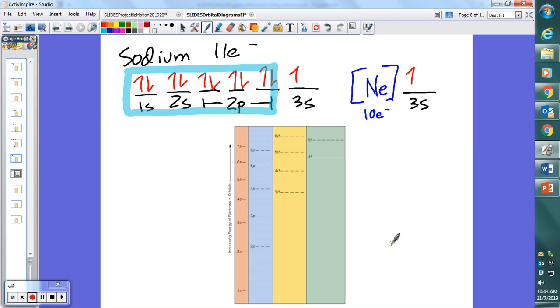So if we wanted to, could we technically put lithium in the beginning and then go on? No. Here's why. When we have neon, what's true about all of the orbitals we have come across so far? They're all full.